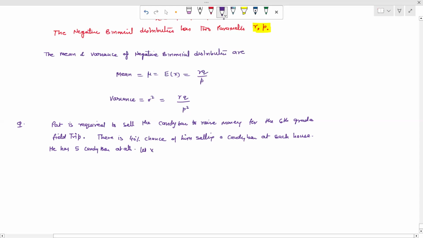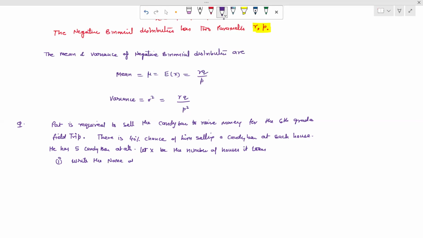Let x be the number of houses it takes. First, write the name of the distribution with parameters.